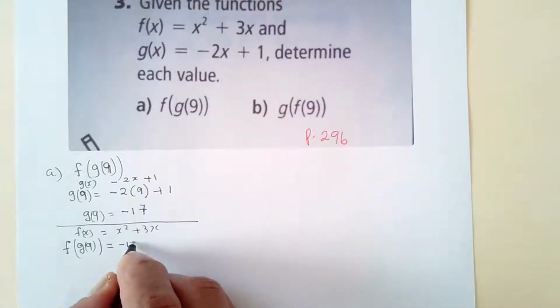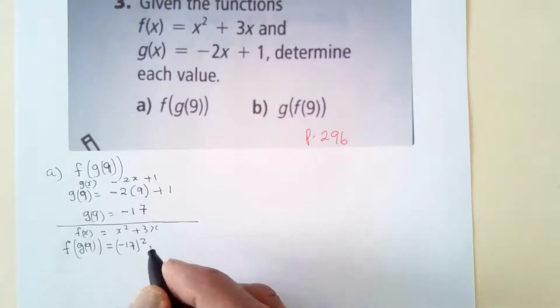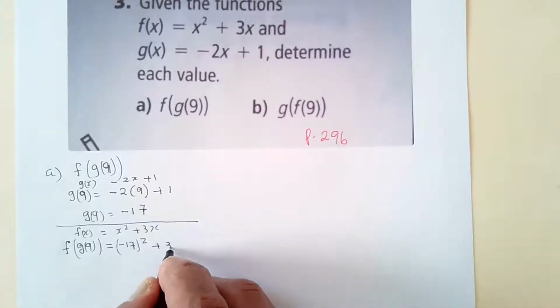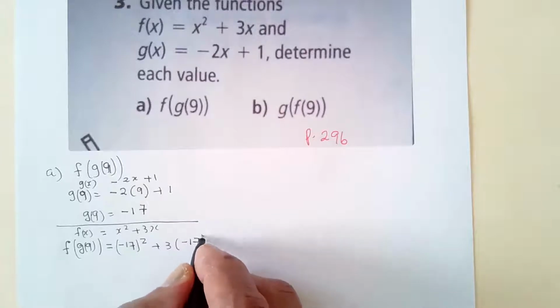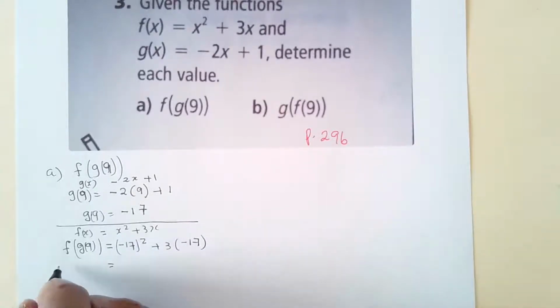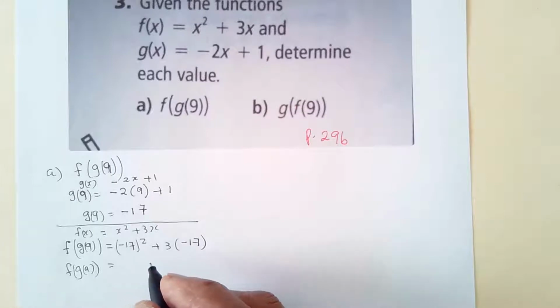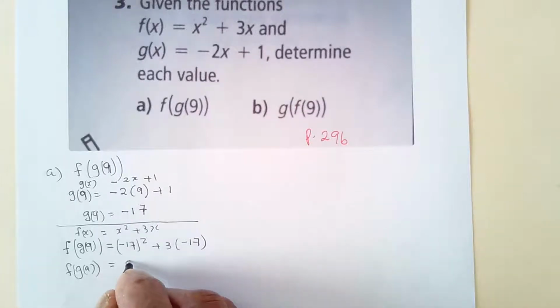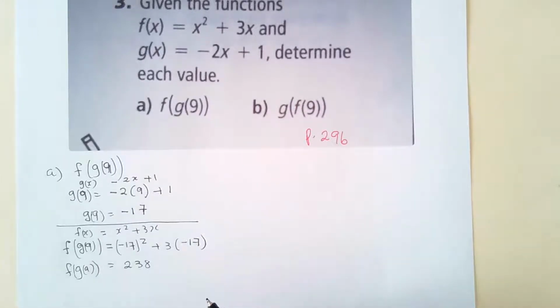So negative 17 squared plus 3 times negative 17. So f of g of 9 will give me 238.